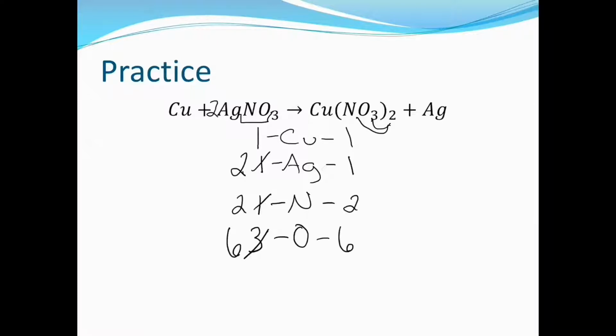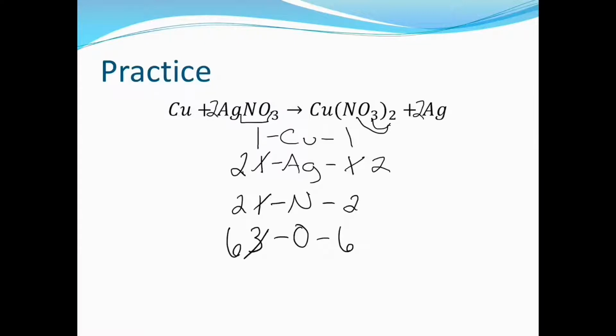It looks like we have 1 more atom of silver on the reactant side now than we do on the products. Well, again, to get these numbers the same, let's put a coefficient on the product side in front of the silver, and looks like we can make it a 2, which means now we have 2 silvers on the product side.